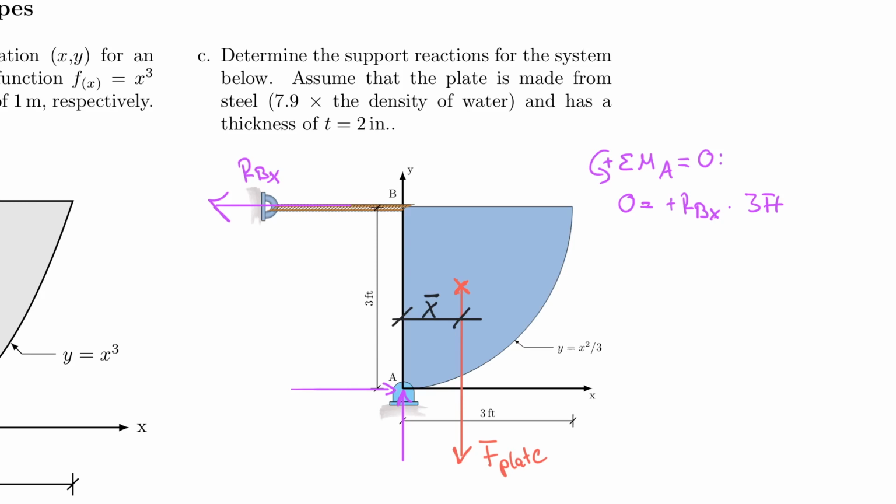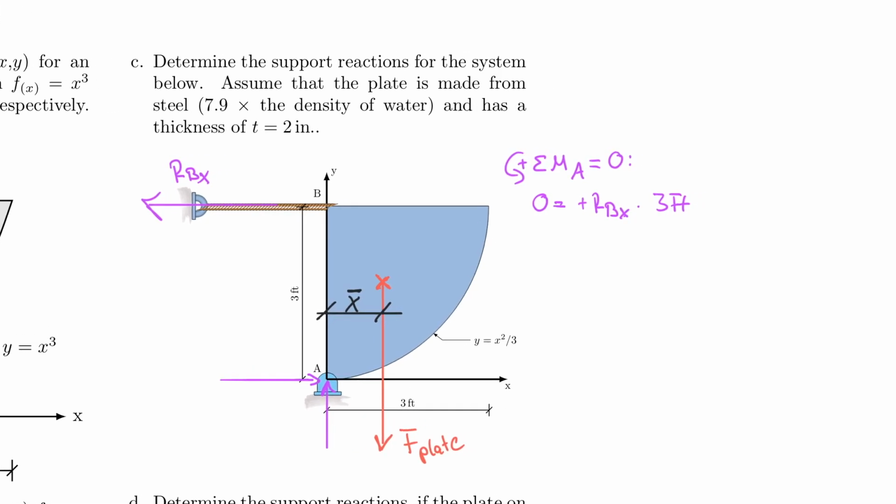And now I have my F plate, and maybe I use red for that, F plate multiplied by what I called X bar. And that rotates clockwise, therefore that is negative.